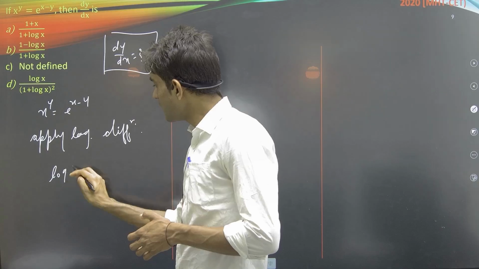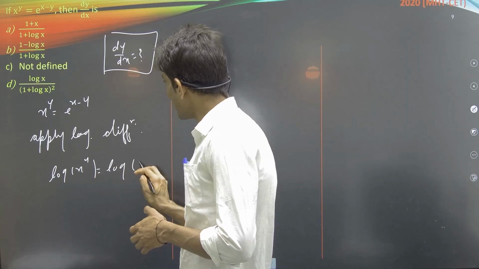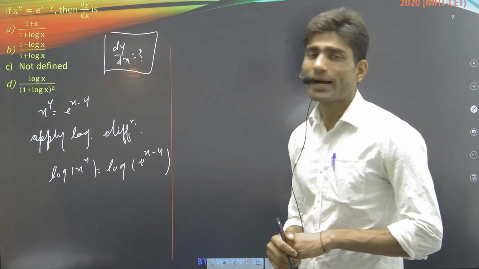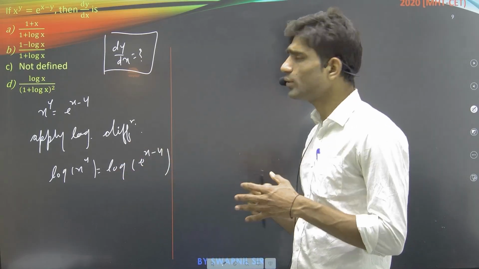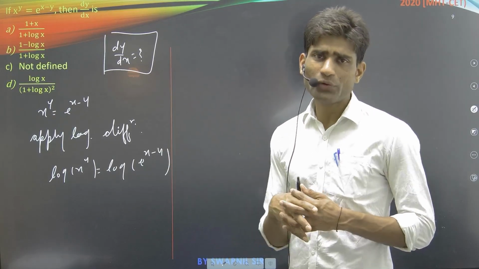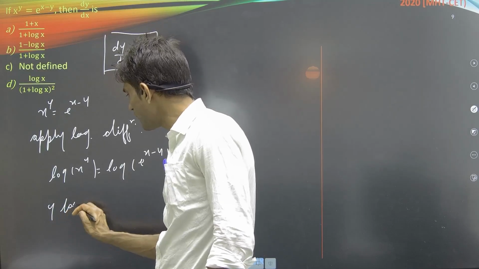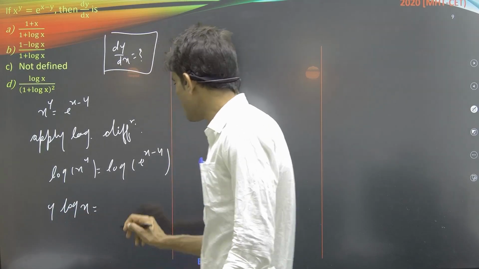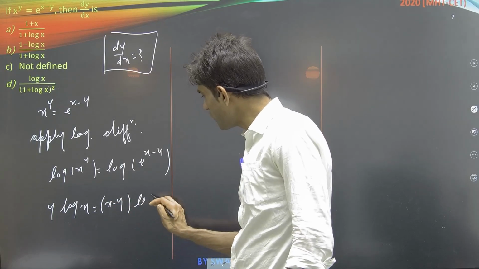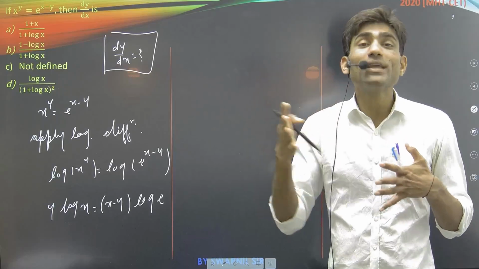Log of x to the power y equals log of e to the power x minus y. So what I have done basically is apply log to both sides. For log of x to the power y, I use the exponent rule, so take y from here: y into log of x equals x minus y into log of e, and we know that log of e, log to the base e of e, has value 1.